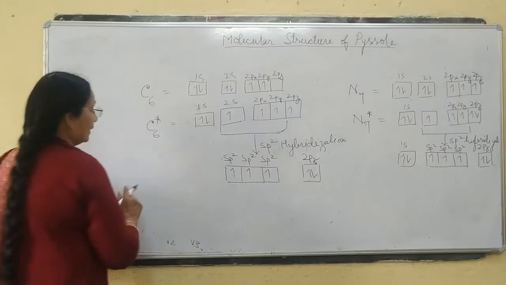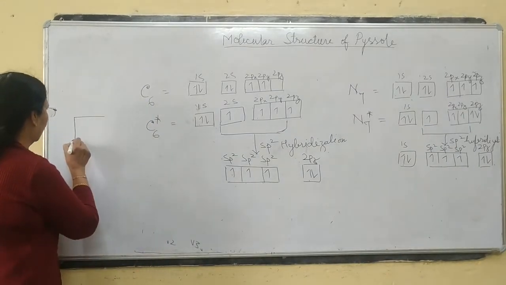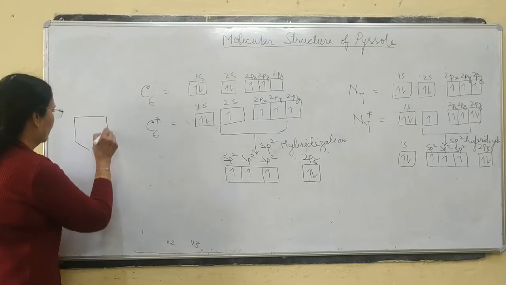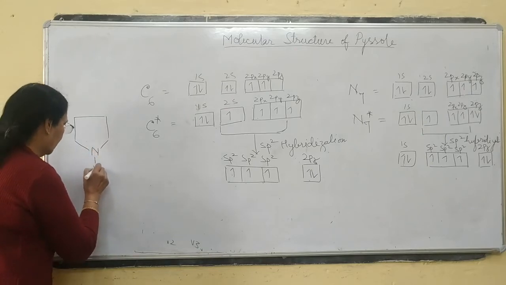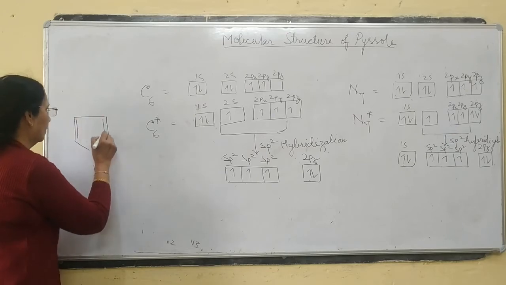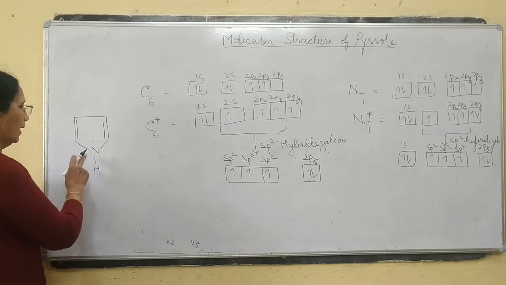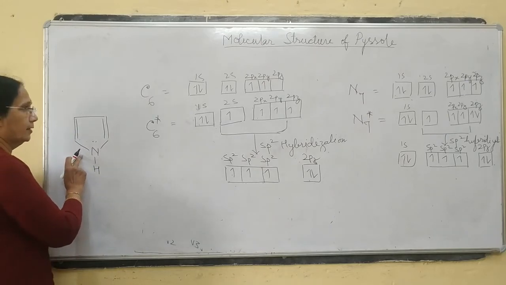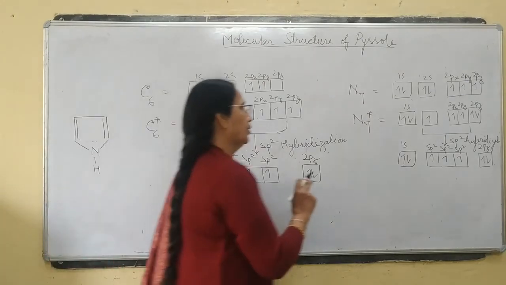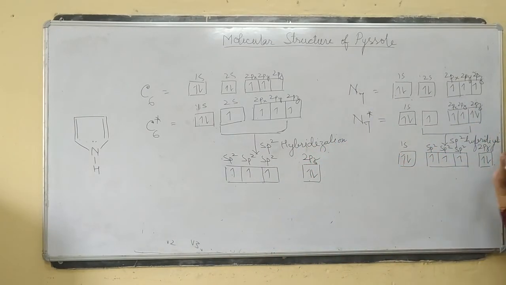So we can see the structure of pyrrole. These 4 carbon atoms and 1 nitrogen atom have undergone sp2 type of hybridization.